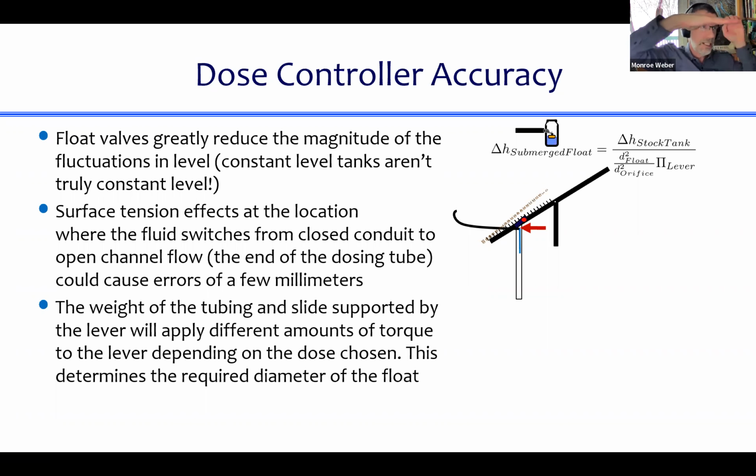So you get this lever arm and there's this slider that's hanging off of it. And as I move that slider back and forth on the lever arm, the amount of torque that it's providing is different. Clearly, if I'm close to the pivot point, I'm not providing any torque. If I'm far from the pivot point at a high dose, I'm providing a lot of torque. And that means that it's going to move that lever arm a little bit.